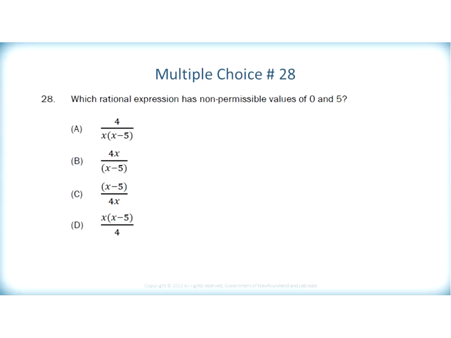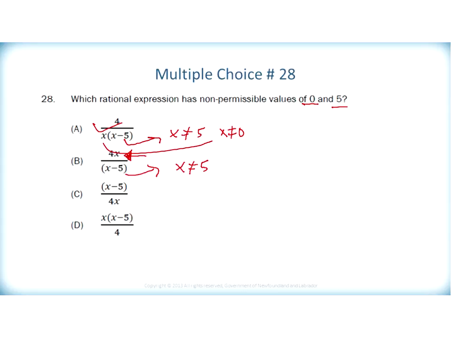Which rational expression has non-permissible values of 0 and 5? In the first one, this will give us x cannot equal 5 and x cannot equal 0. So that one's good. Here we only have x cannot equal 5. We're not concerned with the numerator at this point. We are concerned with a numerator if we're dividing rational expressions.